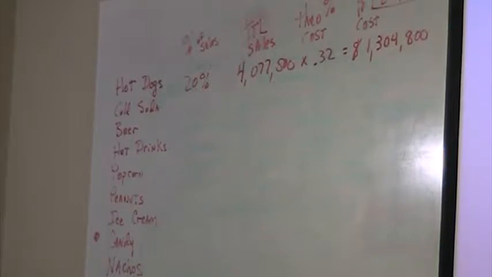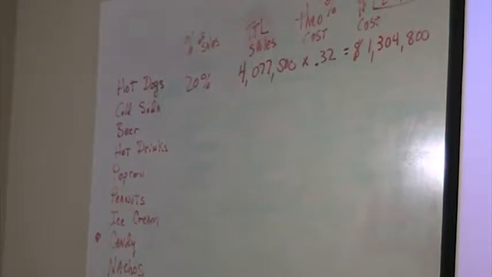I got 1,304,800. Okay, so it'd be 4,077,500 times 0.32. She was right. You're correct with the 800.